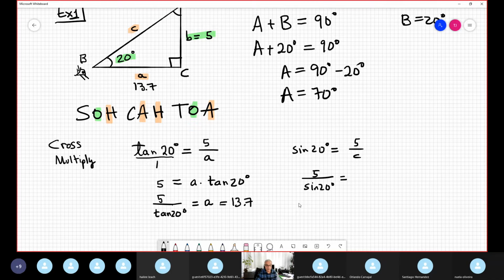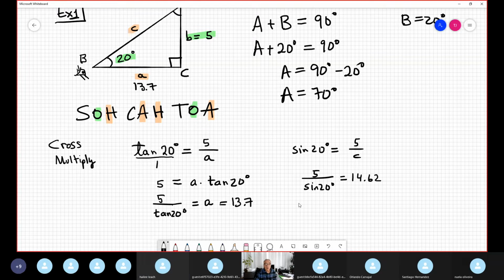Same algebra. It is 5 divided by sine 20. Okay, I'm doing my calculator now. It's 14.6. 14.6. Two decimal places I need.